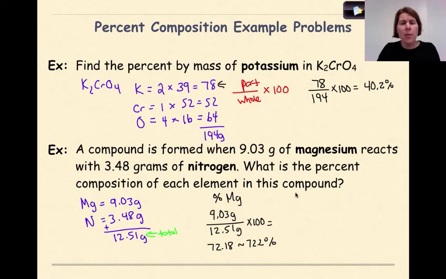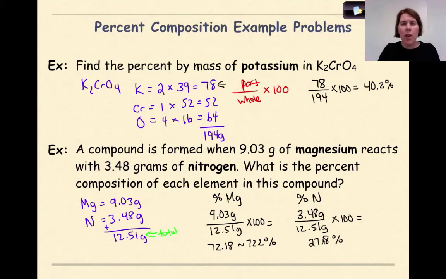So now I'm going to find the percentage of nitrogen. My part is going to be the mass of the nitrogen, 3.48 grams, over the total, 12.51 grams again, times 100. And if I do that calculation out, I get 27.8%.